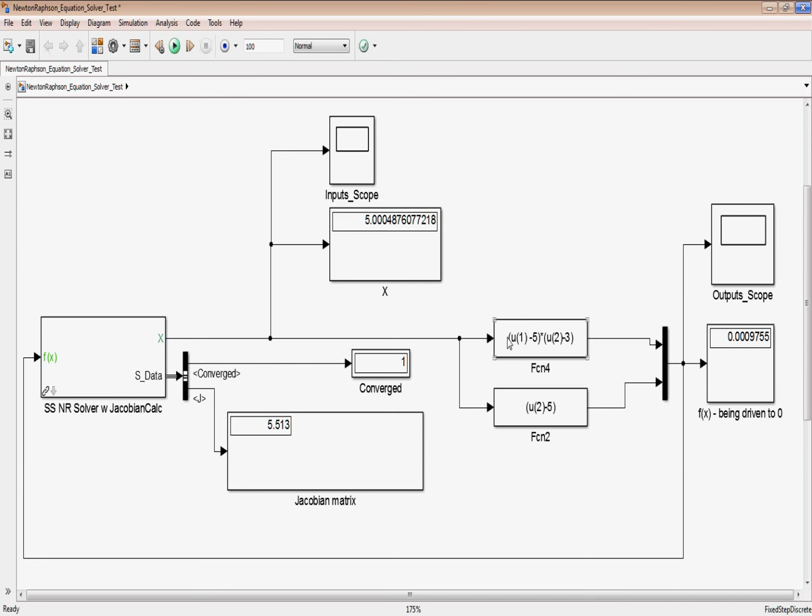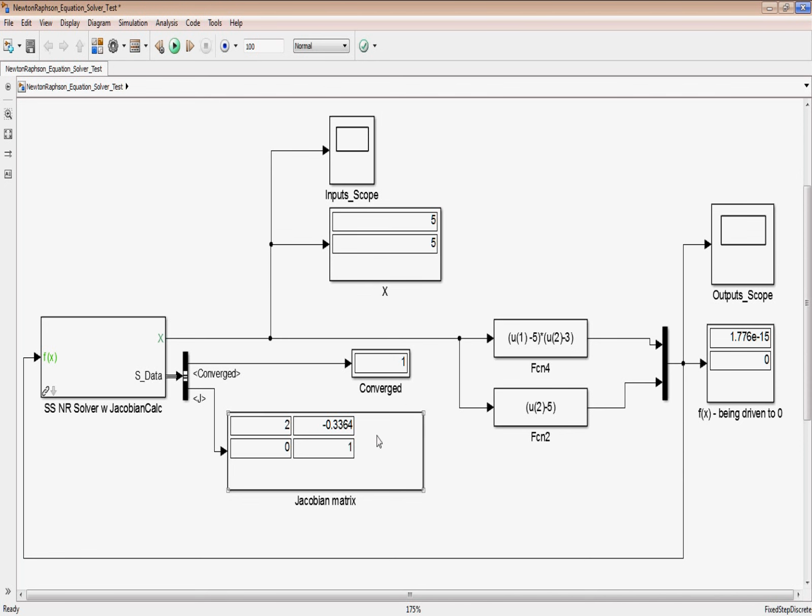So that means this guy here also needs to be 0, and u1 needs to be 5, because 5 minus 5 is 0. So let's see if the solver can figure that out. Okay, it converged, and you have 5 and 5.